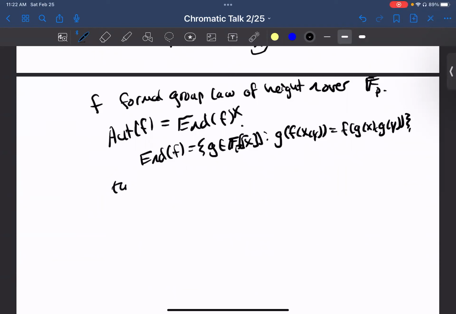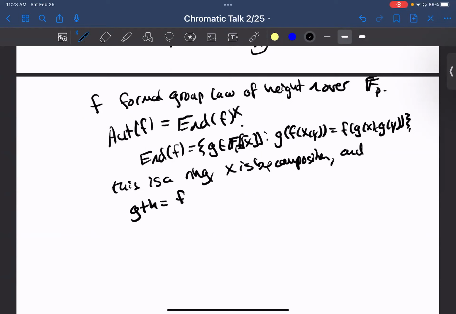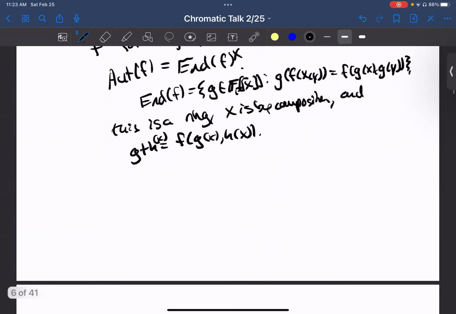And this is a ring where multiplication is by composition. And g plus h is equal to F(g(x), h(x)) as a power series. So this formal group law is just telling us how we do the addition on these endomorphisms.